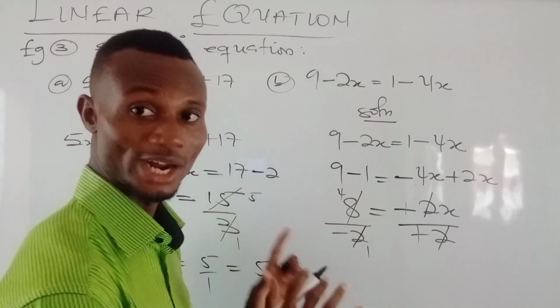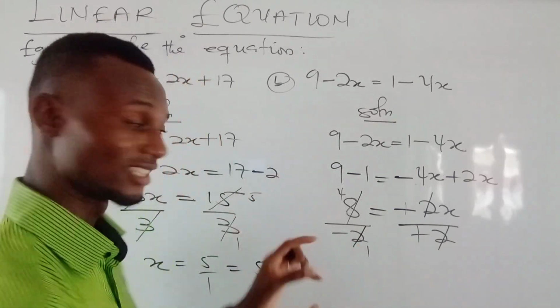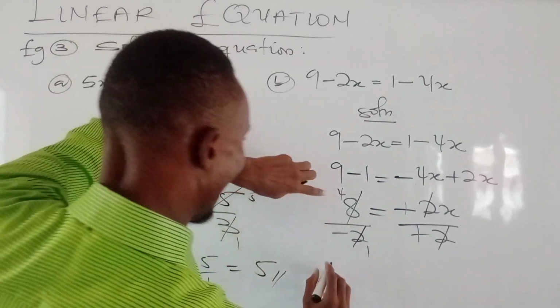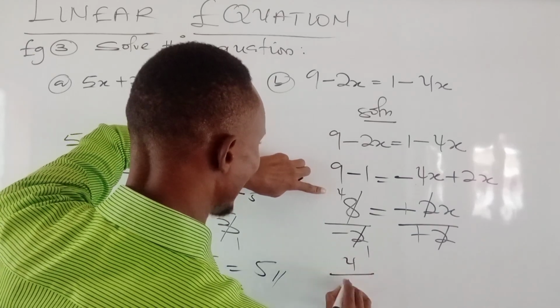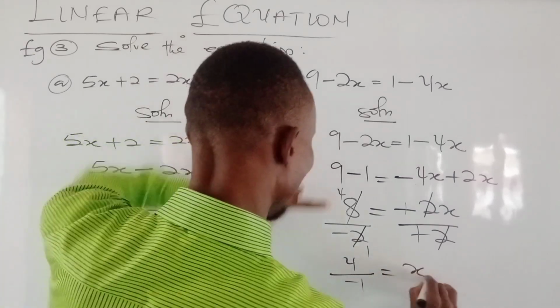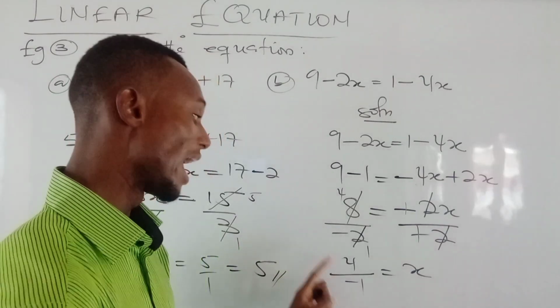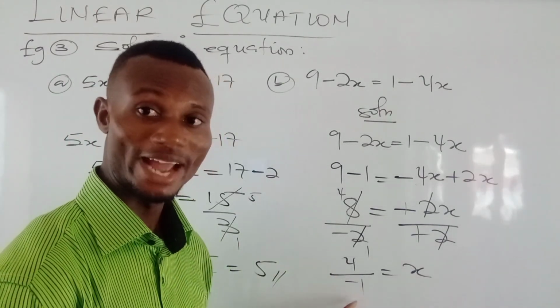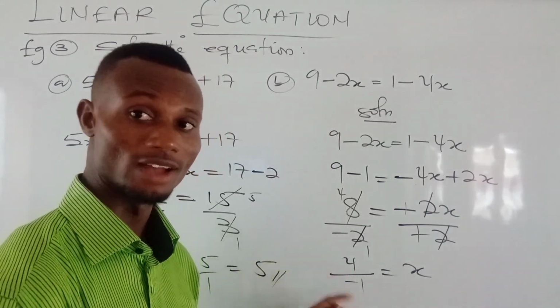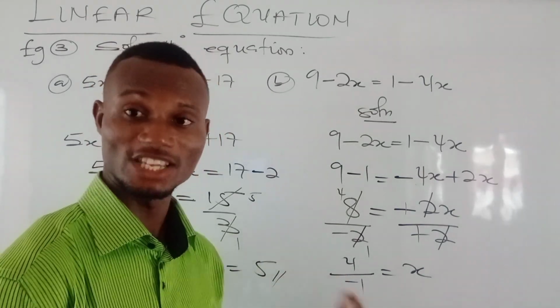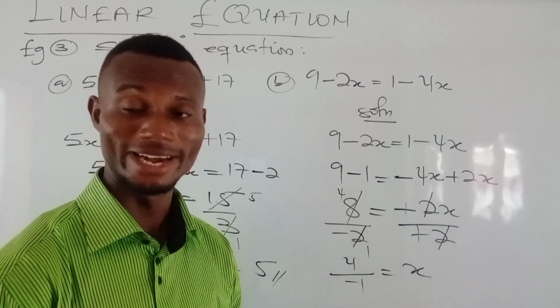So now let's write what we have left. Don't get confused, very simple, just write what you have left. I have 4 over minus 1 equals to s. But the minus affects the 4. So having 4 over minus 1, the minus affects the 4, so it becomes minus 4 over 1. And minus 4 over 1 becomes minus 4.